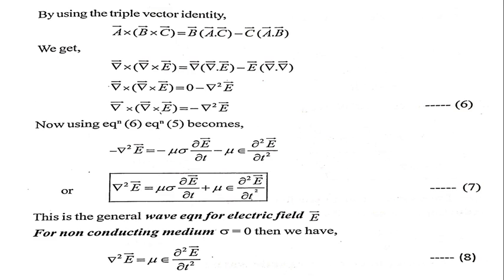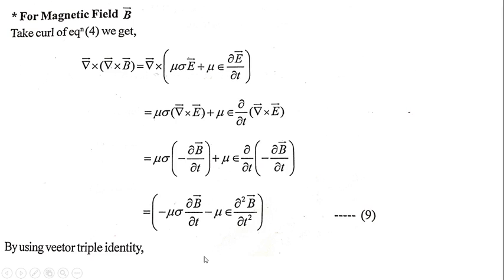That is del square E equals mu sigma delta E by delta T plus mu epsilon delta square E by delta T square. Now for a non-conducting medium, sigma equals 0, and then we get del square E equals mu epsilon delta square E by delta T square.